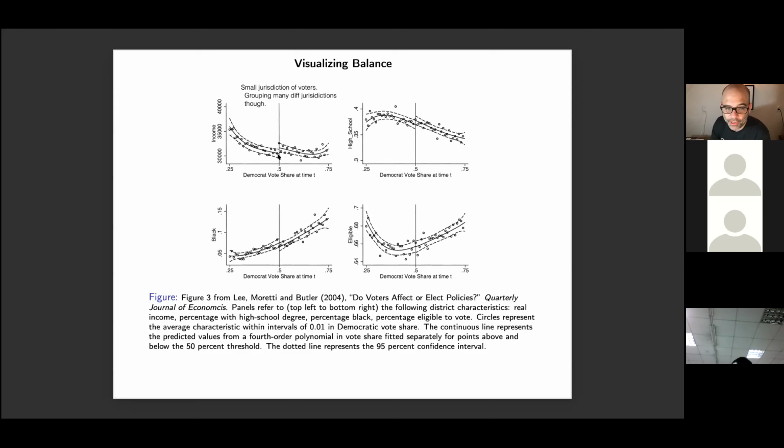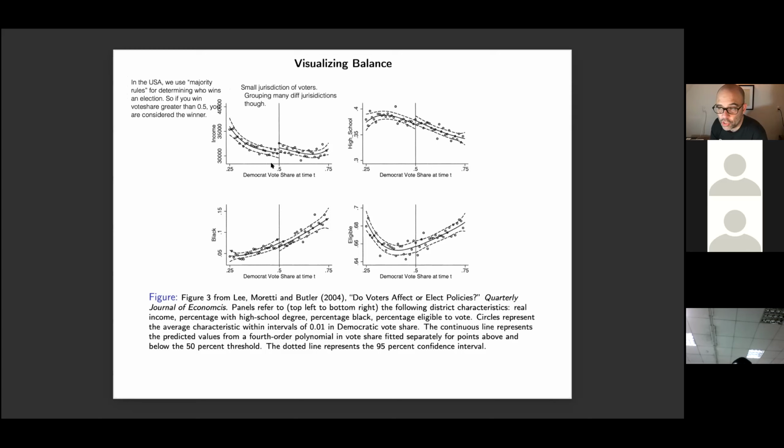In the USA, we use majority rules for determining who wins an election. So if you win a vote share greater than 0.5, you are considered the winner.